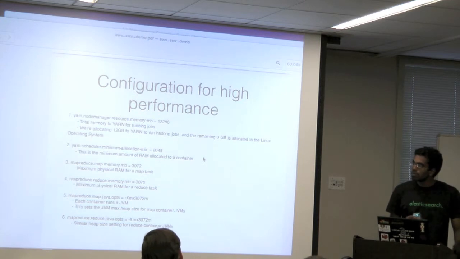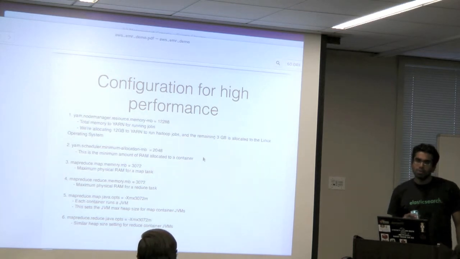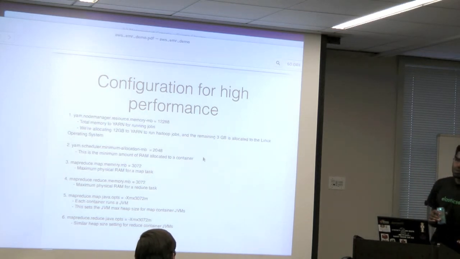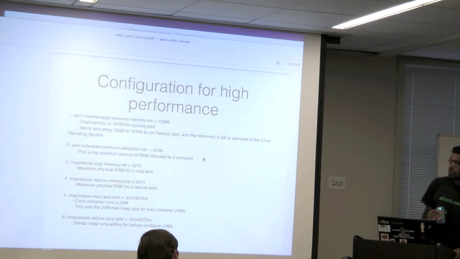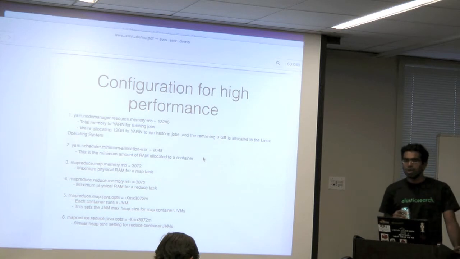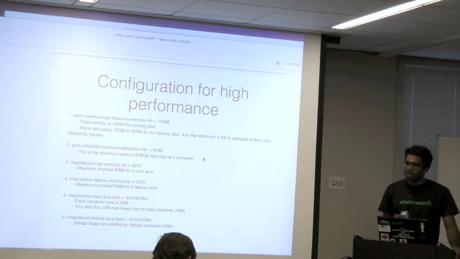Basically, we reached a point where each node was only running one single mapper or one single reducer at a time, even though each node had 4 cores, I think, and about 15 gigs of RAM. It should have ideally been running 3 or 4 mappers at a time, going by the size of the data chunks that we had.